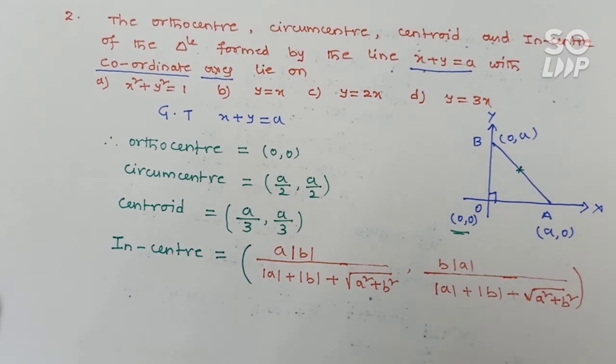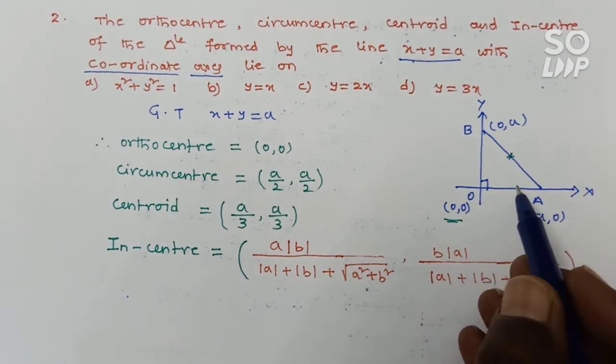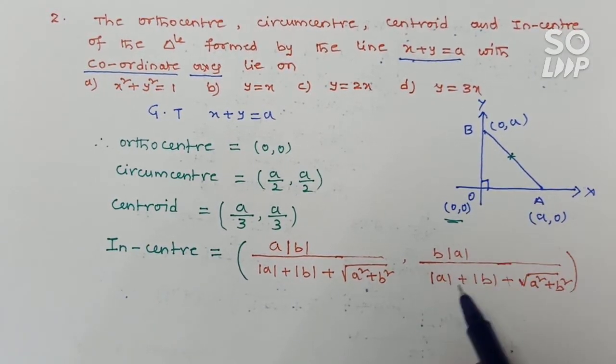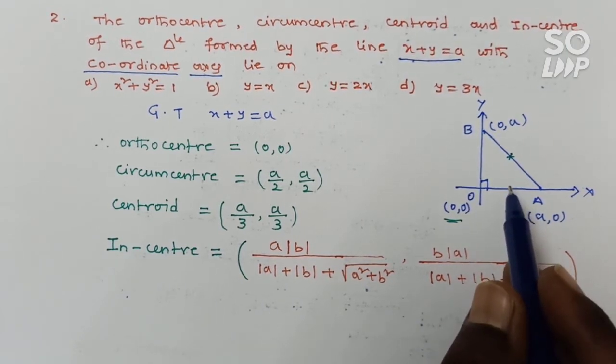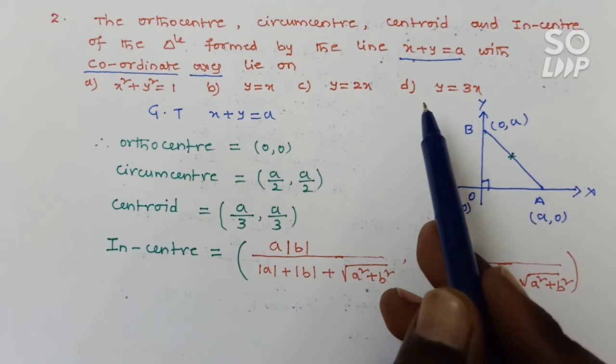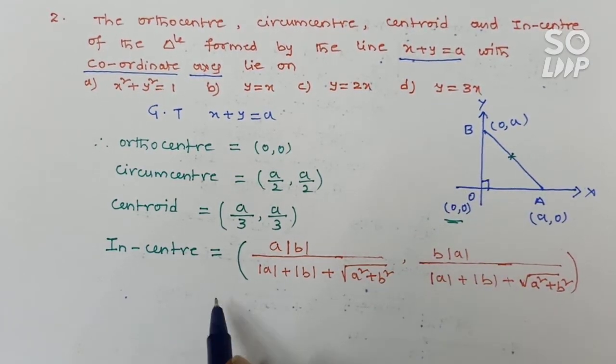When will you apply this formula? If the x-intercept of the line and the y-intercept of the line are given. Now in this triangle, the given line is x plus y is equal to a. That means a is equal to b.